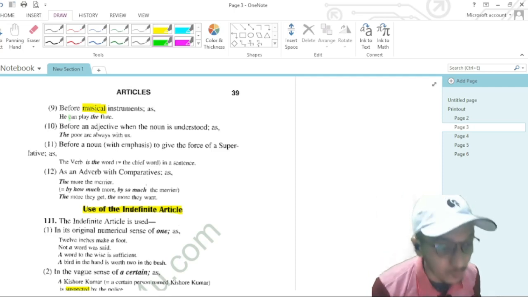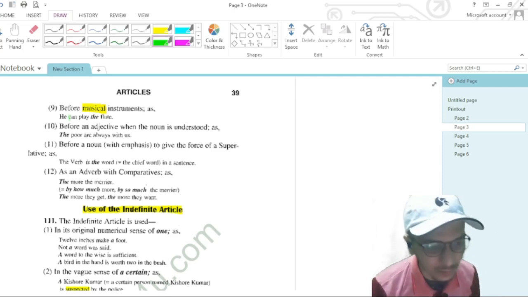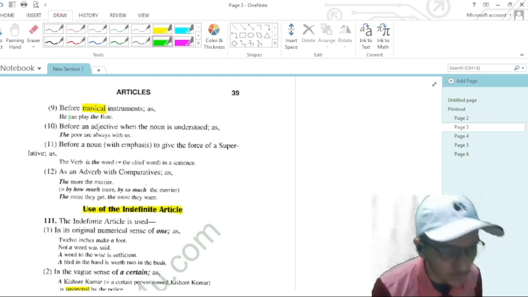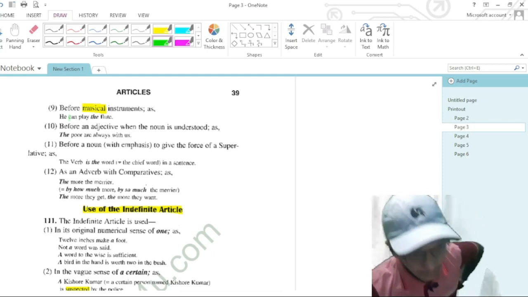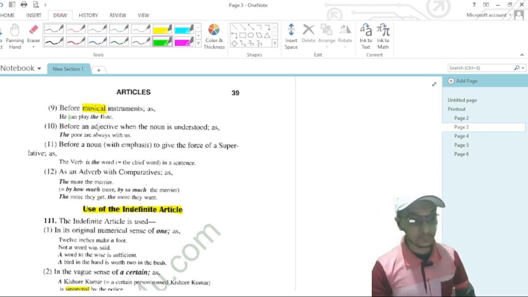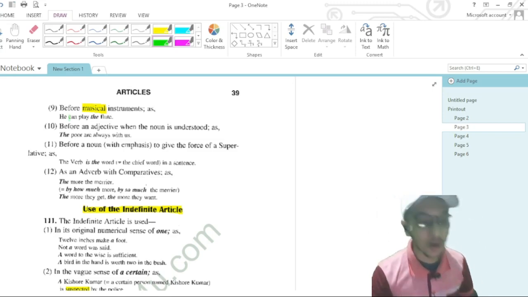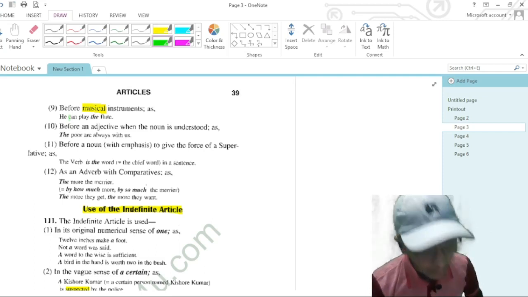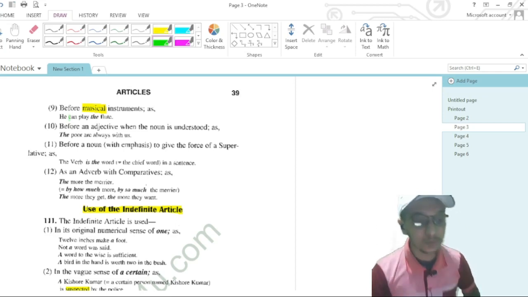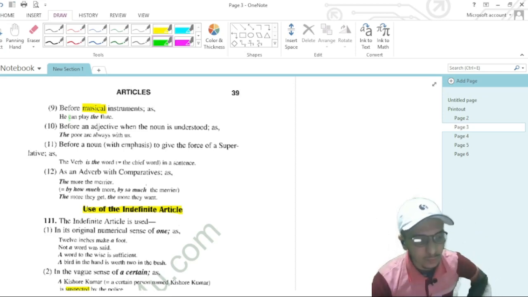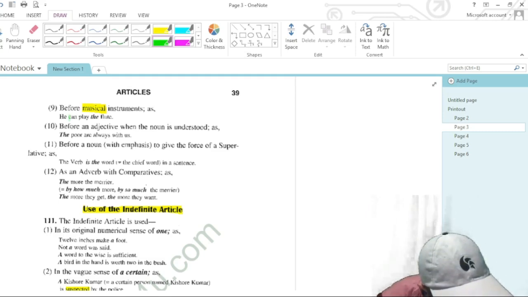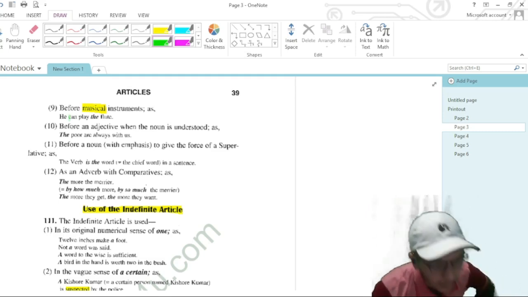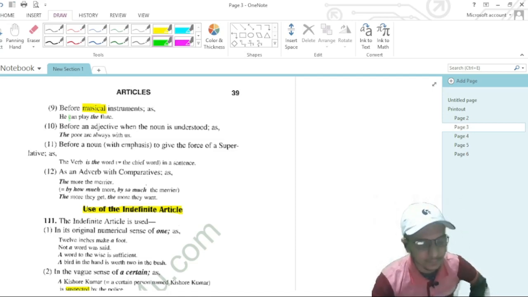Before a noun with emphasis to give the force of a superlative, as "The verb is the word." As an adverb with comparatives, as "The more they get, the more they want."